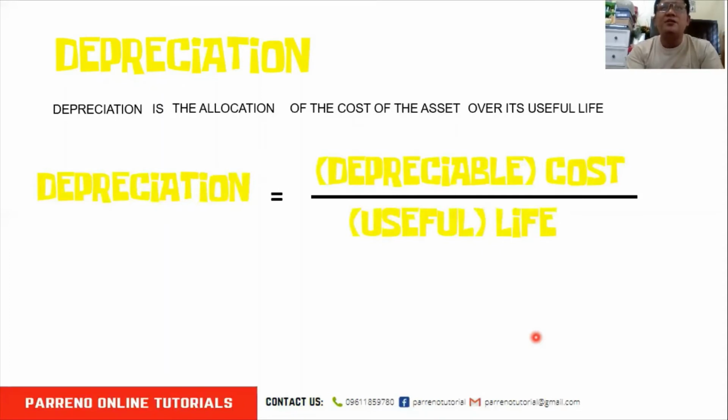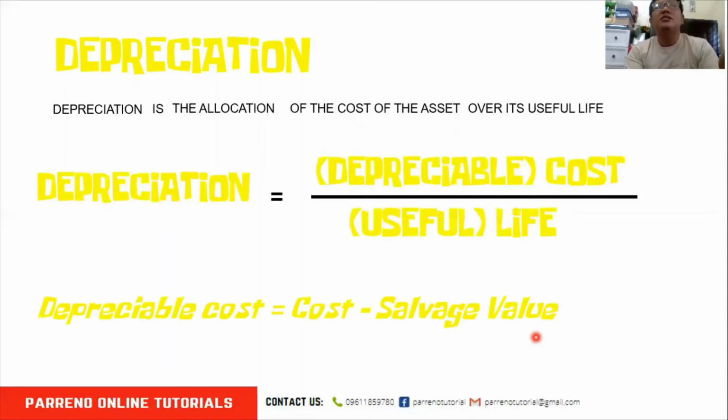When we say depreciable cost, it's the acquisition cost or the construction cost minus the salvage value. Salvage value is also known as the scrap value. At the end of its life, you can recover some amount from its scrap value. So we deduct it from the cost of the asset to come up with the depreciable cost.